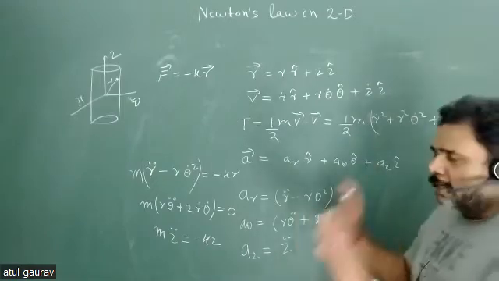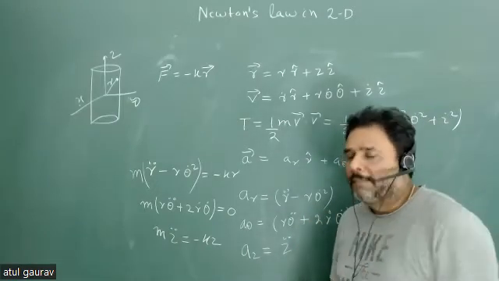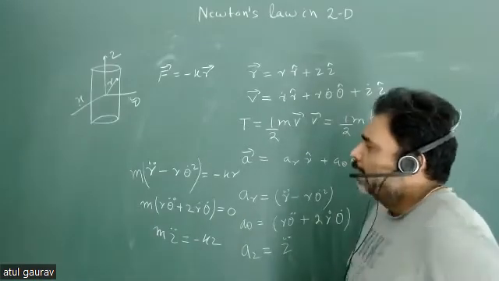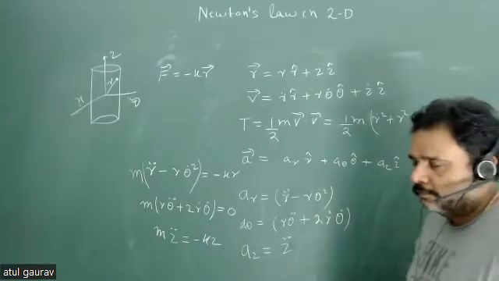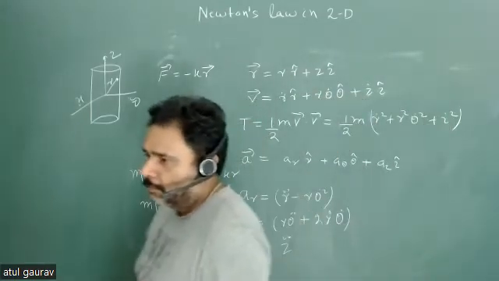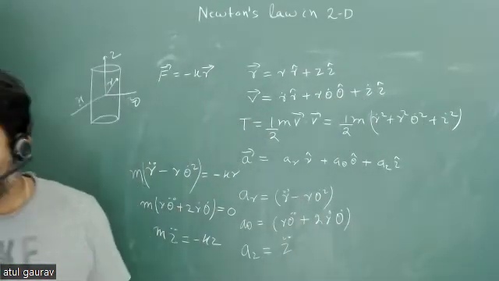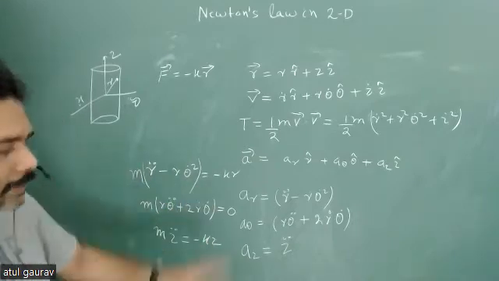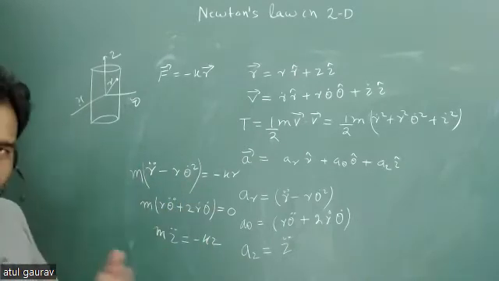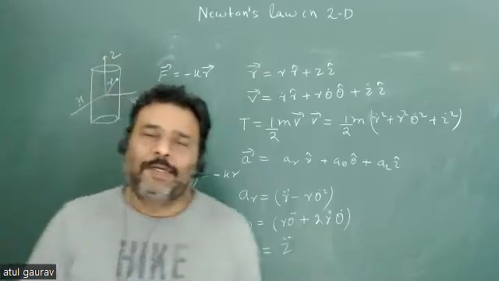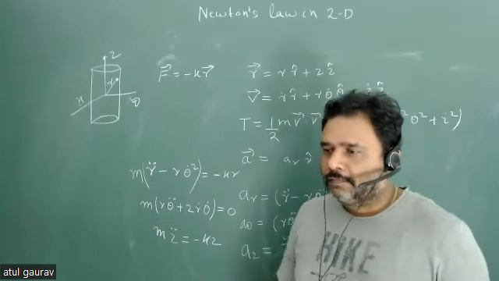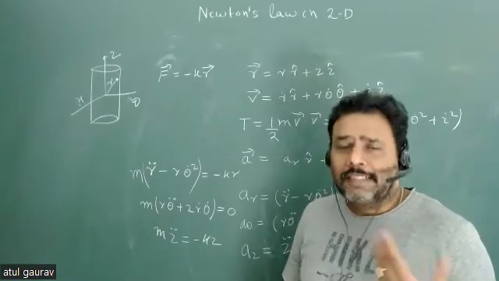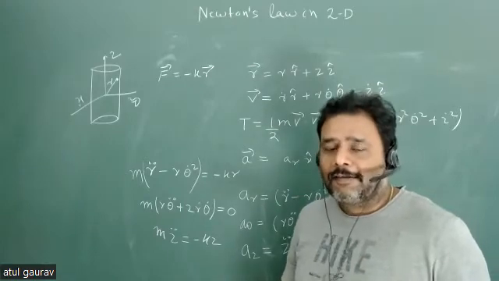Now you have to give me the answer, one by one. Is the angular momentum of the system conserved? Because this is an MSQ, more than one answer is correct. Along the theta cap direction, is the angular momentum conserved or not?